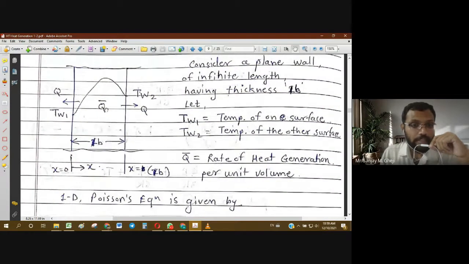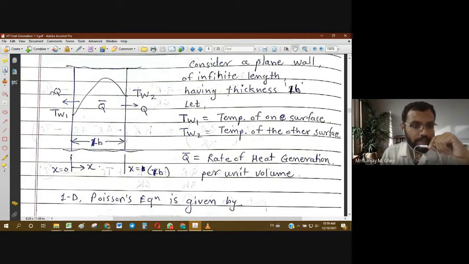The situation is this: there is internal heat generation Q bar. This plane wall is exposed to some common fluid on both sides, and under steady state, whatever heat generation takes place in the plane wall is going to be distributed on both sides on account of temperature difference.